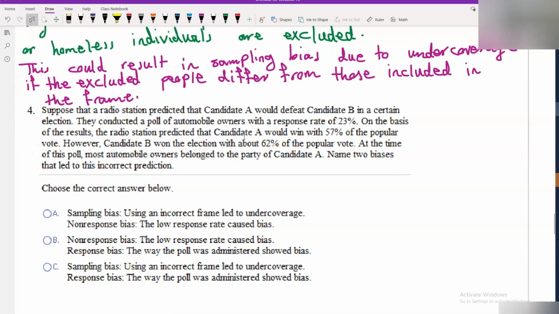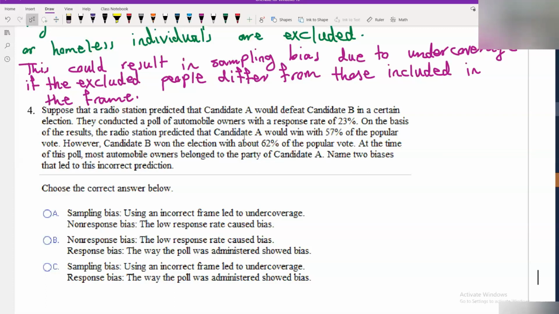At the time of this poll, most automobile owners belonged to the party of candidate A. Name two biases that led to this incorrect prediction.